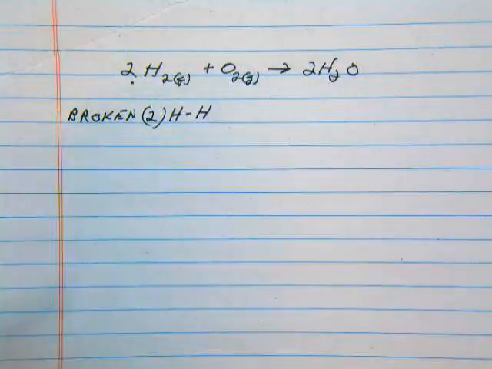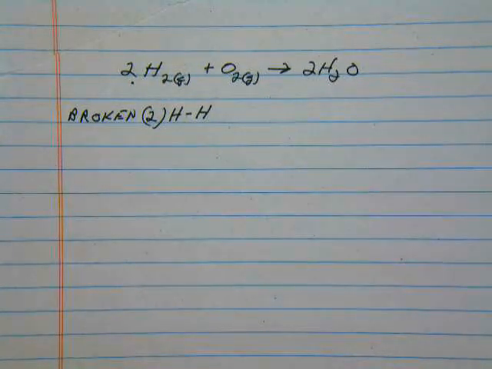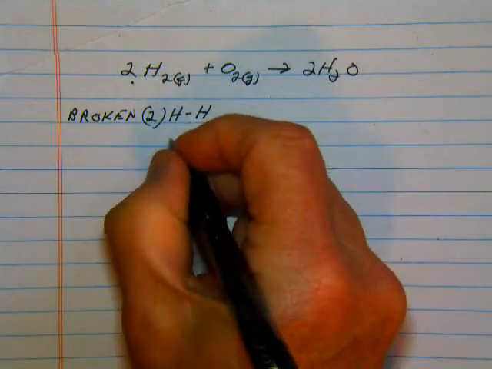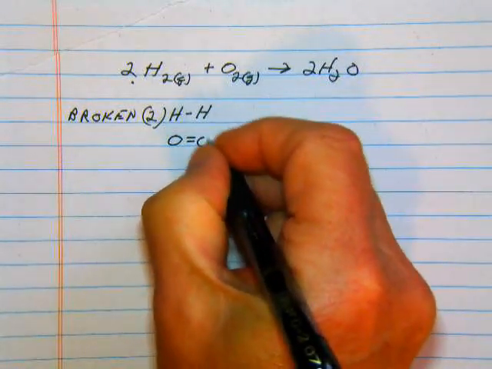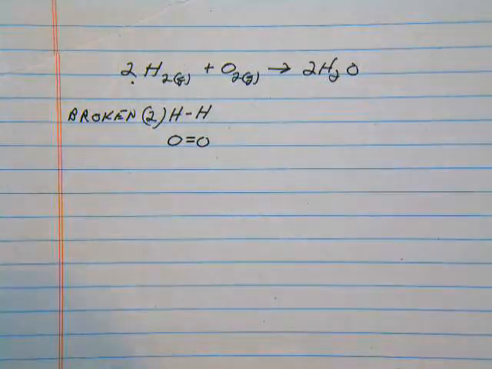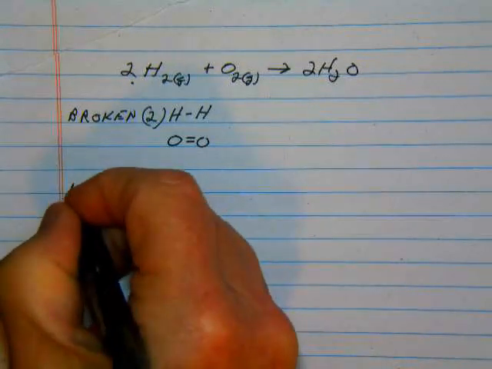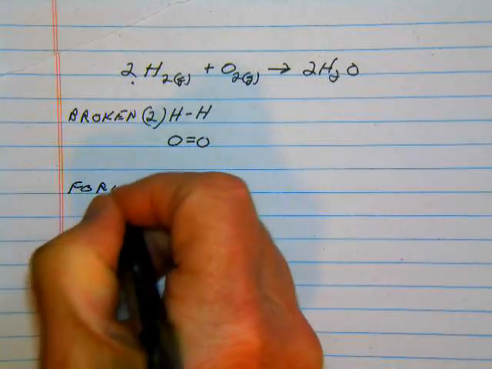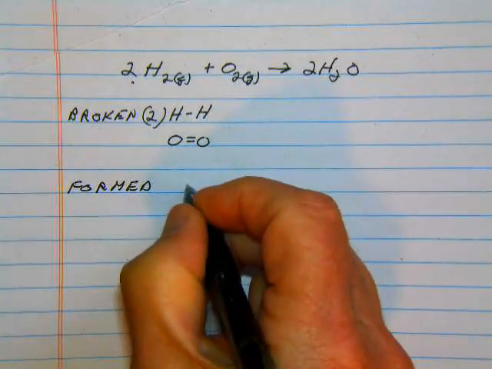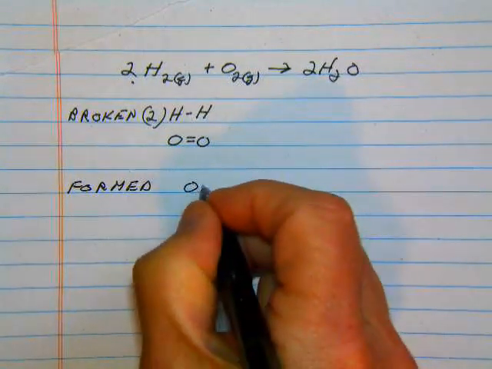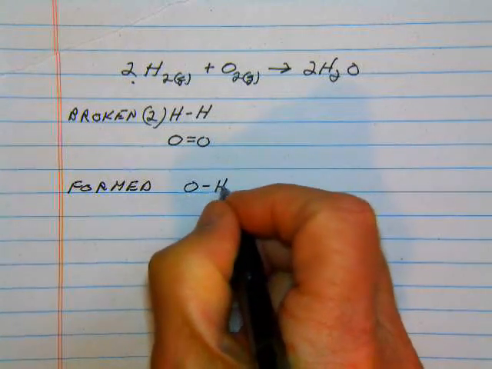Now oxygen, that is a double bond, and we have 1 of those. And what's being formed, we have the O-H bond, in H2O.